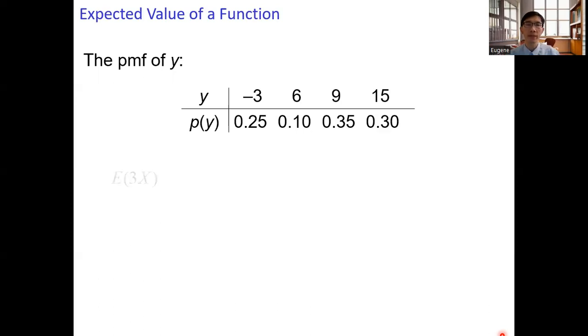To compute the expected value of 3x, this is equivalent to computing the expected value of y with the new PMF table.